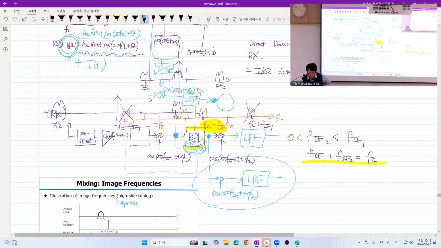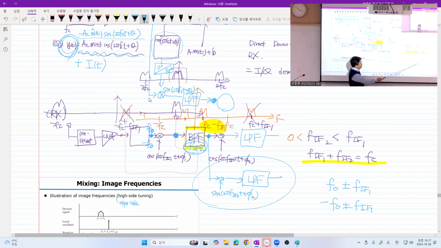Consider some signal components here with frequency F0, which means that it's a real valued bandpass signal, so there is a component at negative F0. And after mixing, what happens? F0 plus or minus FIF1 appears, and negative F0 plus or minus FIF1 also appears here.